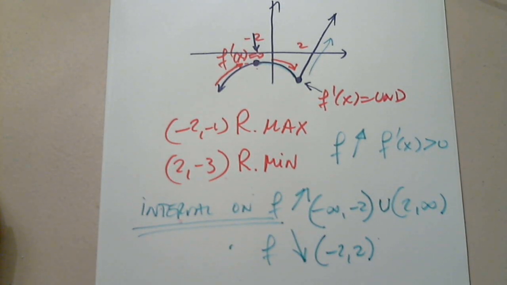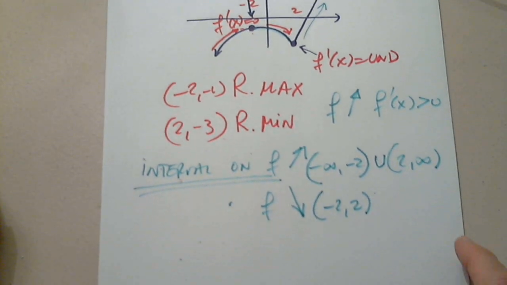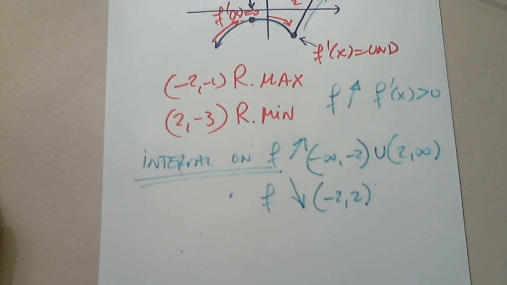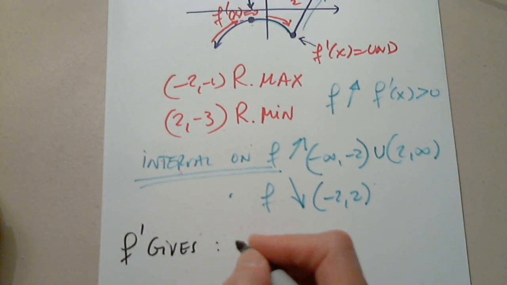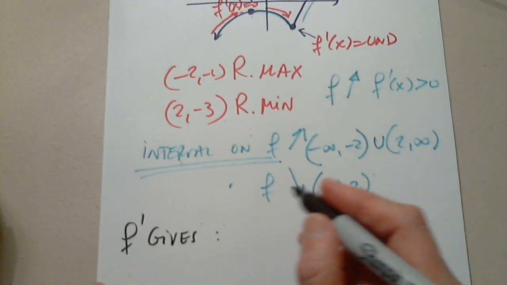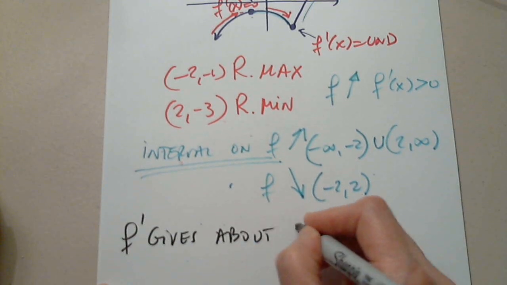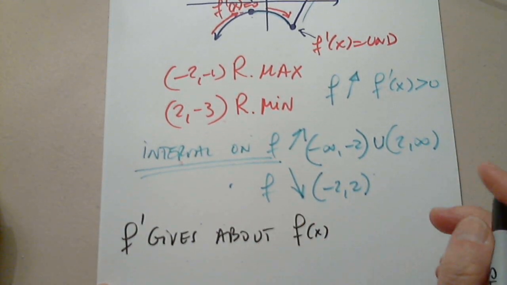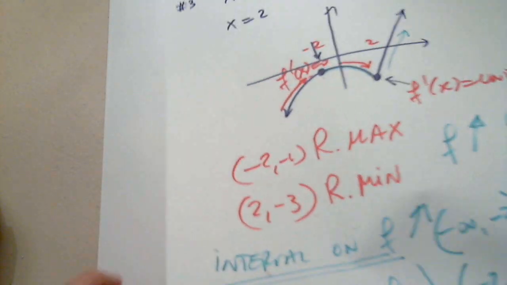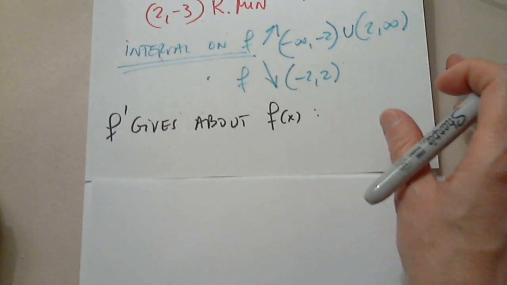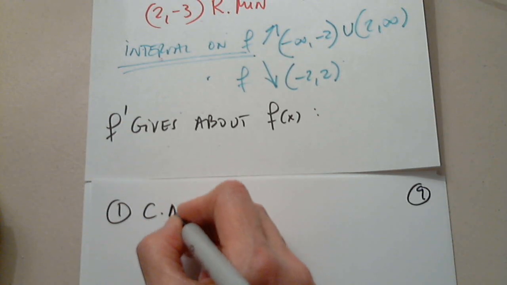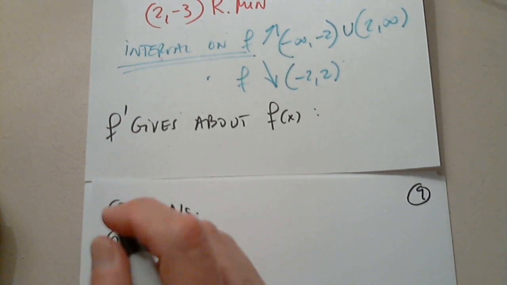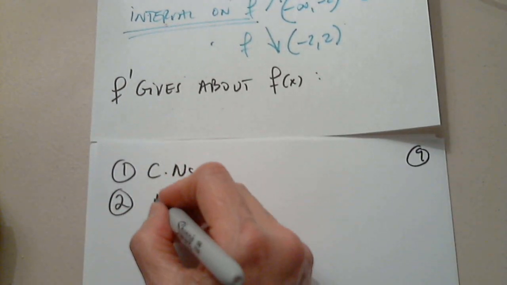So from the first derivative, f prime gives a lot of information about the function, about f of x. A lot. Number one, critical numbers. Number two, max, min.